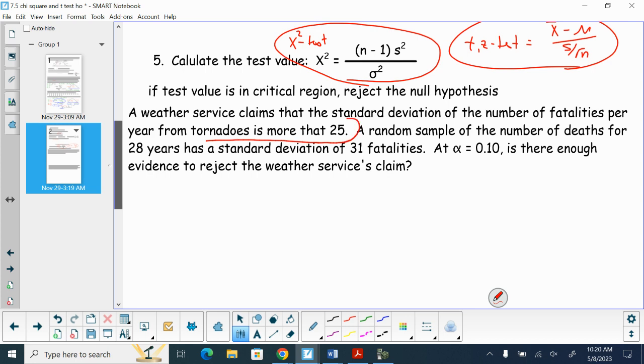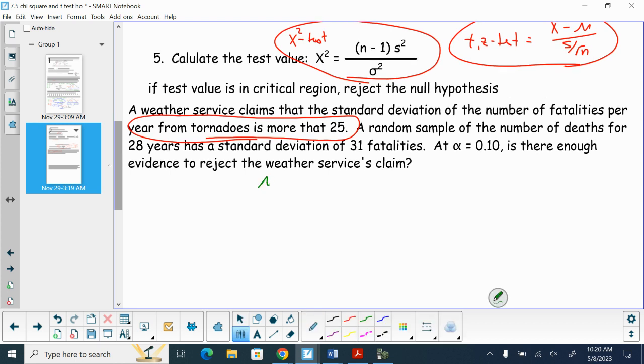Okay, we can take a look at the idea that there were more than 25. But now the difference is we are looking at the standard deviation. We are not looking at the mean. So now we're looking at sigma.